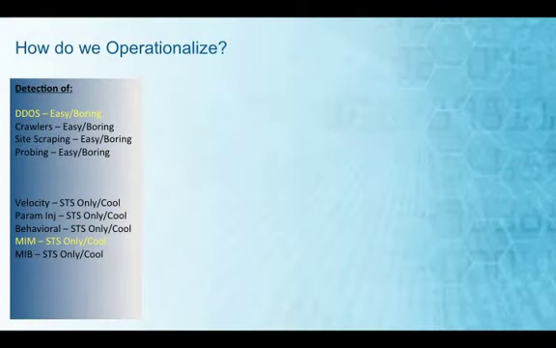So the big question, how do we operationalize after we actually detect? The detection of general DDoS stuff can be somewhat easy considering all of the tools that are out there. So what do we do once we actually detect those? I'll show you what we're going to do in terms of reaching out into the F5 and instantiating a block based on a relatively straightforward DDoS type of attack.